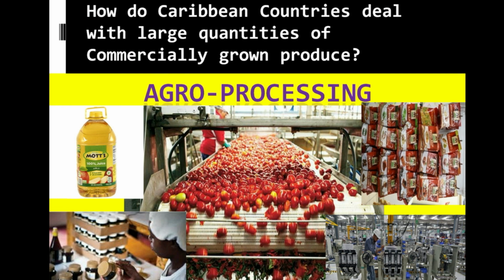But if you process that, cut it up, and you treat it perhaps with sodium benzoate and other different chemical content, you can increase the shelf life of that particular product. So now agro-processing is very beneficial in terms of harvesting in bulk. And instead of allowing them to decompose naturally, you can maximize upon that in terms of the establishment of a new business.